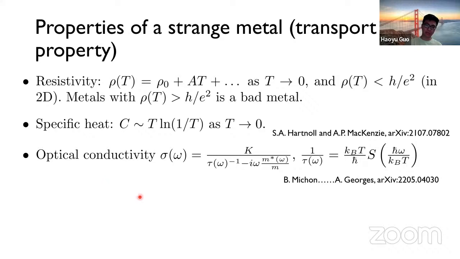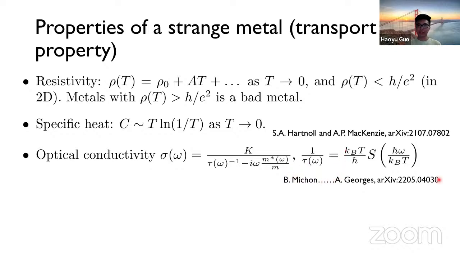Another transport property you could describe is the optical conductivity of the system. You could write an optical conductivity using some kind of a modified Drude formula. So there is a constant, a weight K, and then a decay rate tau omega inverse, and then minus i omega times some modifications from the effective mass.